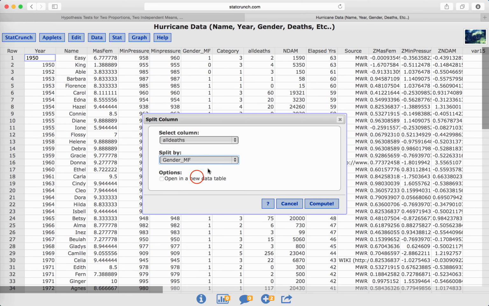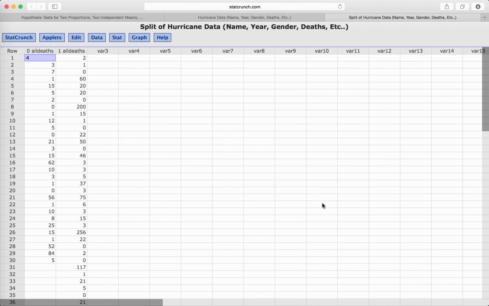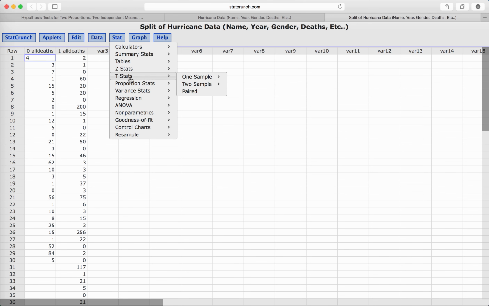If I select Open in a new data table, I get 0 all deaths and 1 all deaths. The 0 all deaths column is telling me all of the male hurricanes and all of the death tolls for those hurricanes. And the 1 all deaths column has the female names. That's great because now I can go into Stat, T Stats, Two Sample with Data.